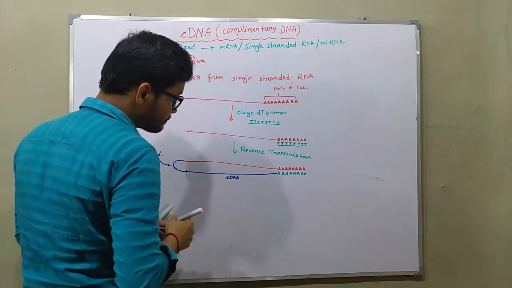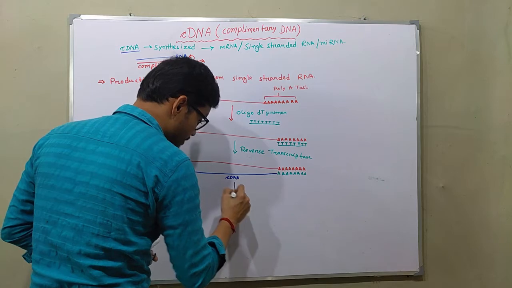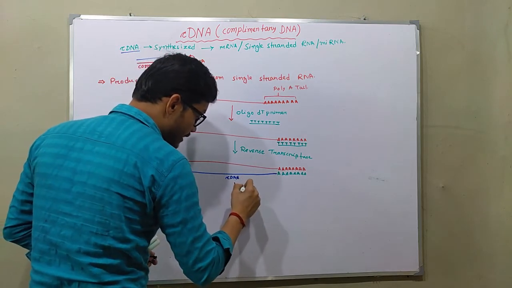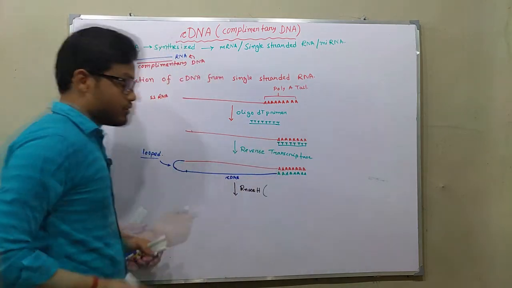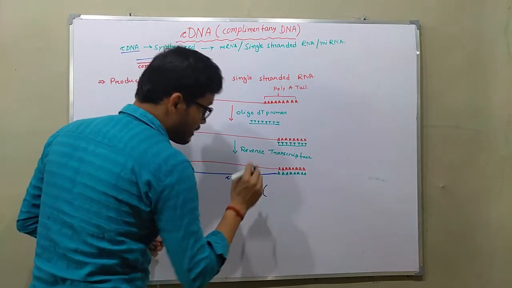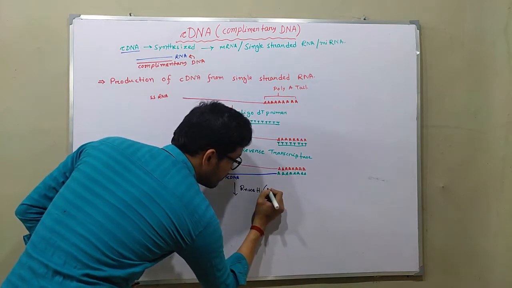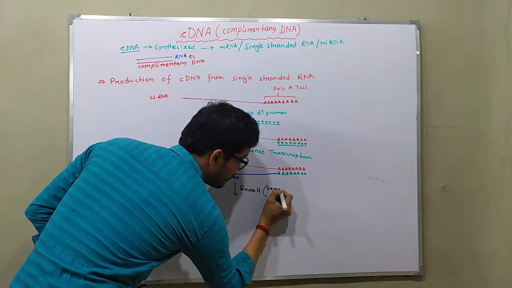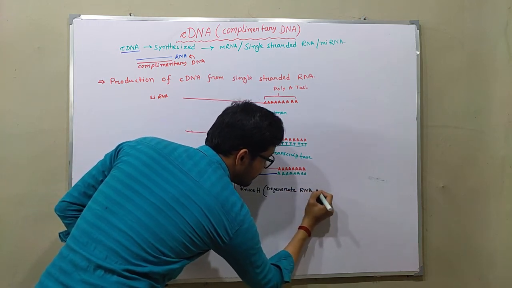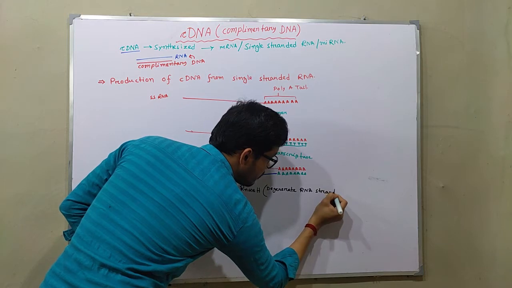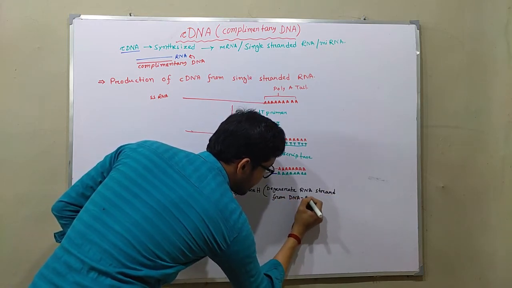After that we have to add RNase H. RNase H is basically an endonuclease which degrades the RNA strand from a DNA-RNA hybrid.